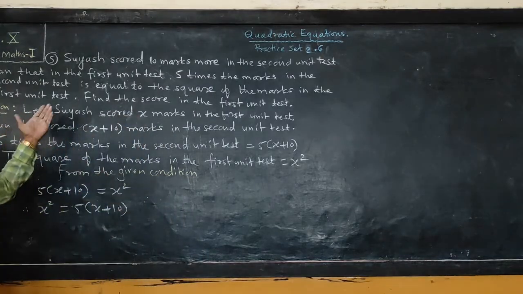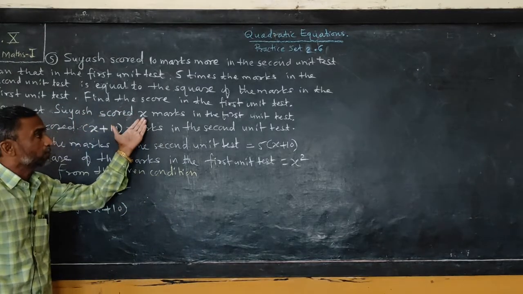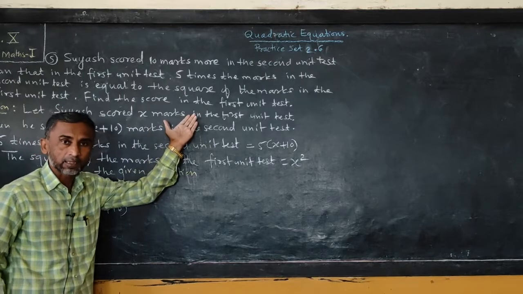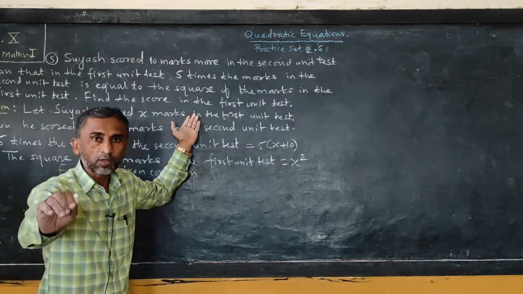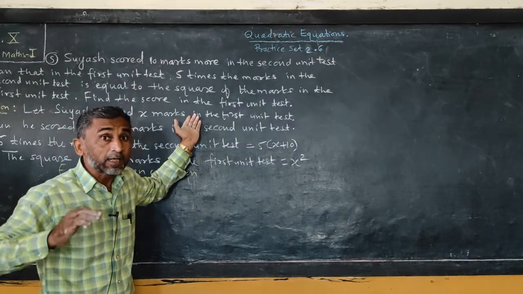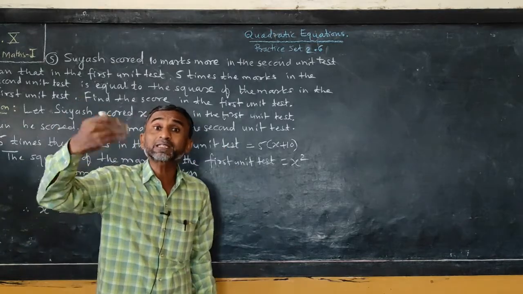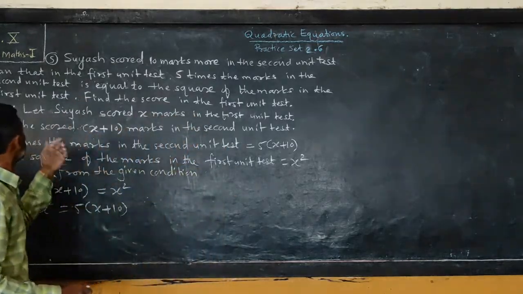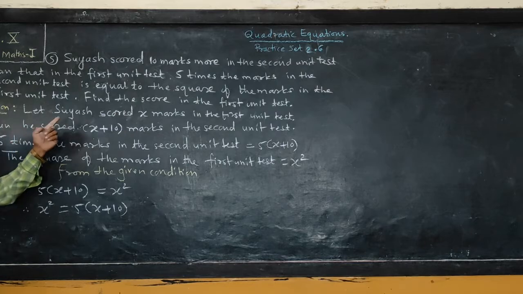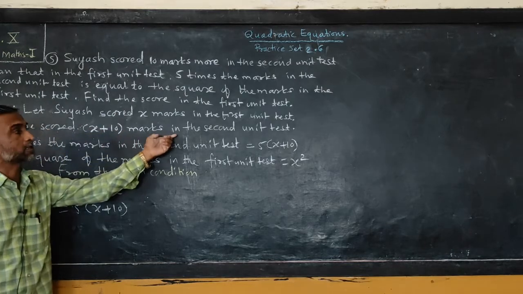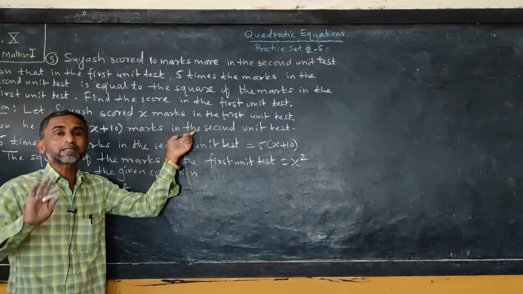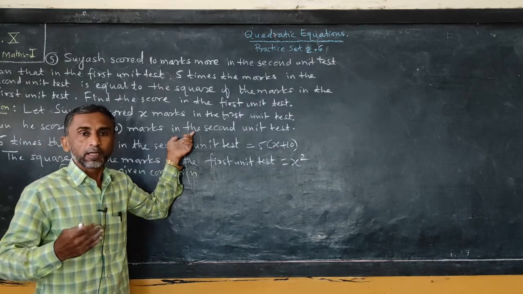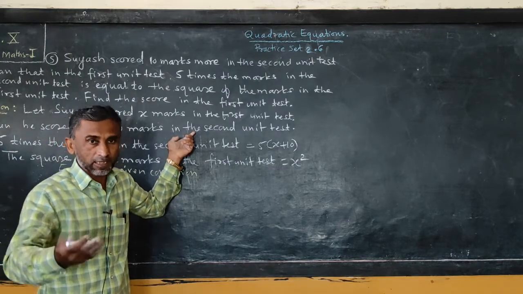Let Suyash score X marks in the first unit test. Then he scored 10 marks more in the second unit test, therefore X plus 10 marks in the second unit test. So this is the information used by me for consideration.